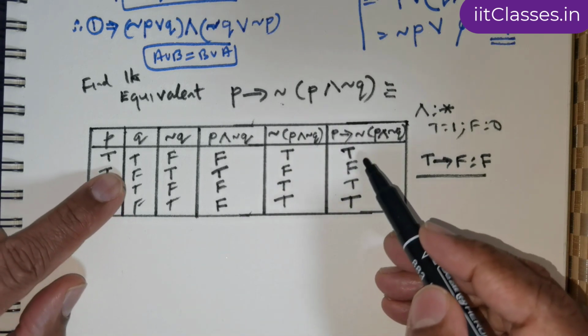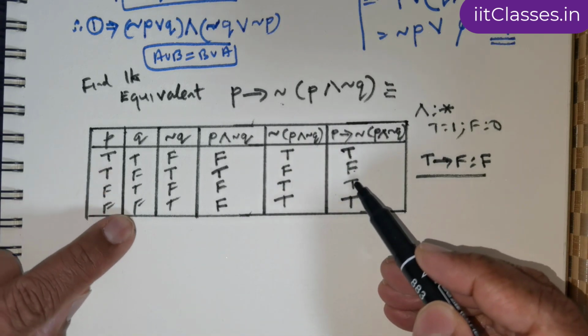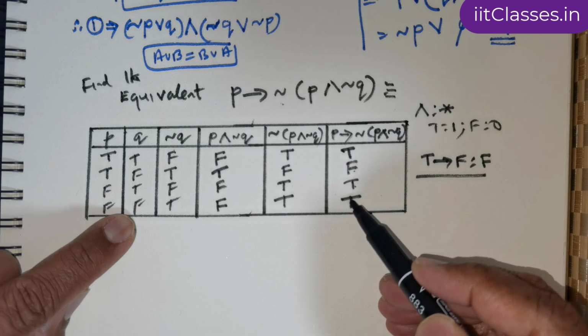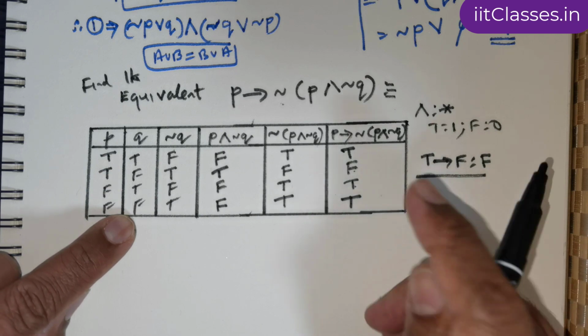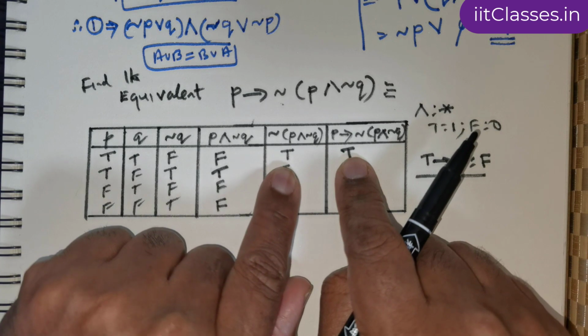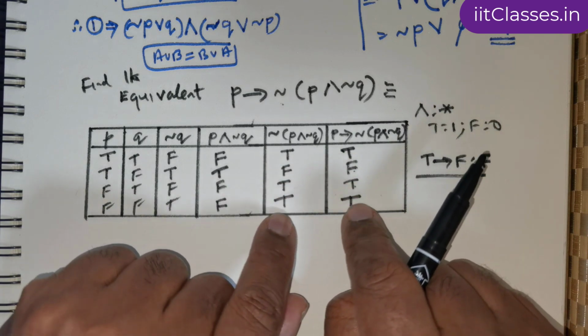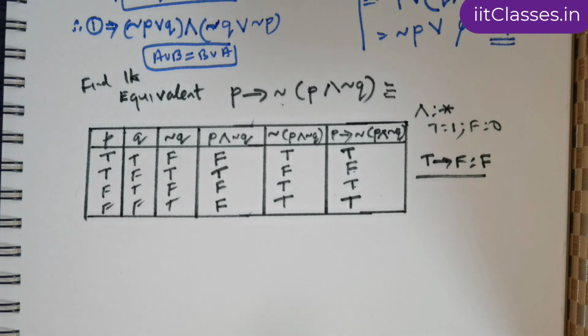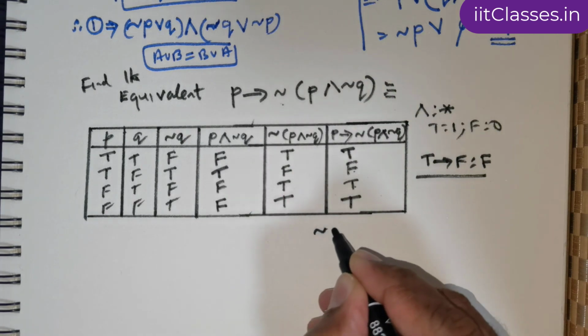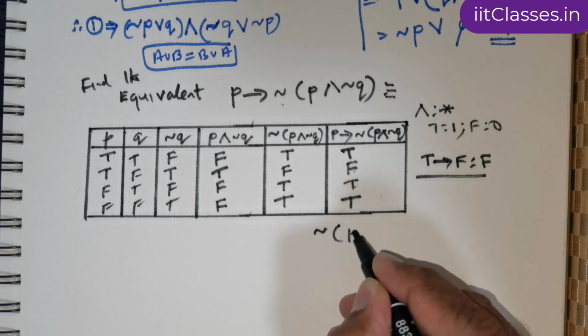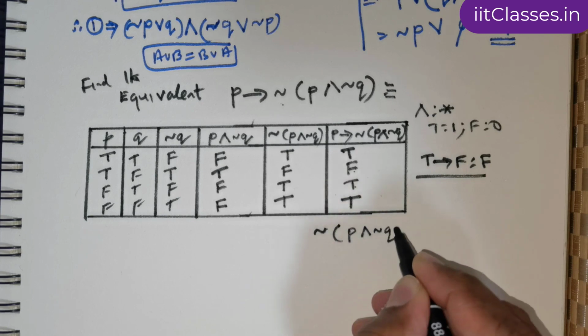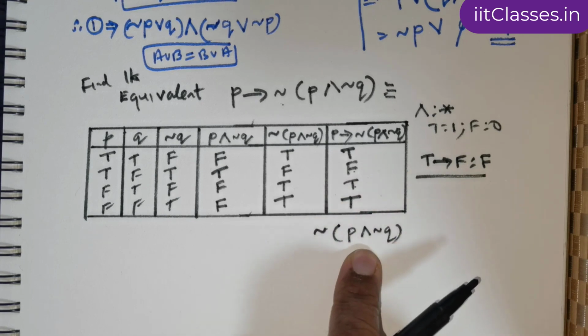So what have we got here? T, F, T, T. Can you see that? T, T, F, F, T, T, T, T. So what is the outcome for this particular Boolean proposition? Clearly this is going to be the outcome, negation of P conjunction negation of Q, but this doesn't feature in the choice.